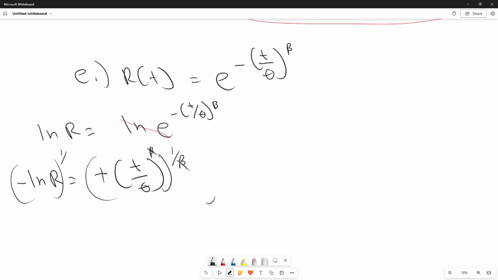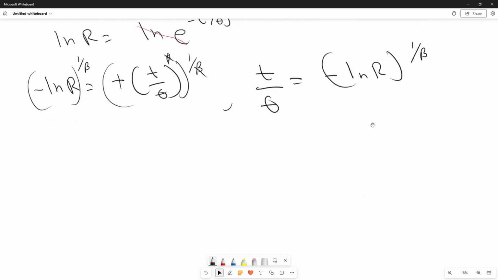Now we have t over theta equals negative ln R raised to the power 1 over beta. So t for R is theta times negative ln R raised to the power 1 over beta.